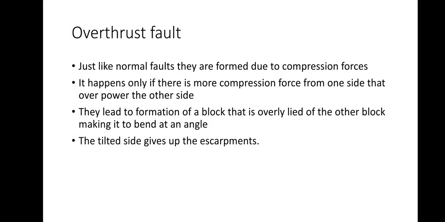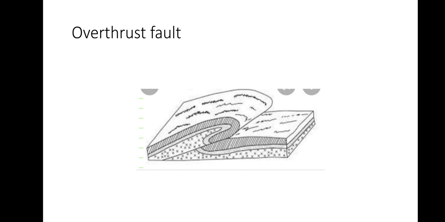It is due to compressional forces, whereby the compressional force on one side is greater than on the other. When one side is greater, there's greater pressure on that side, causing the block to move more on one side than the other, making it unequal.